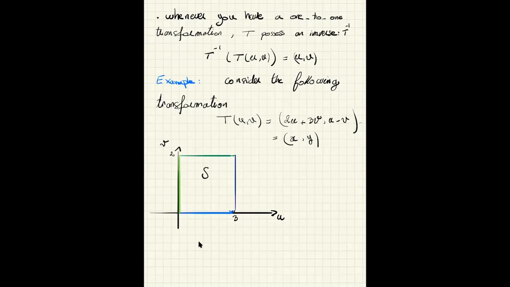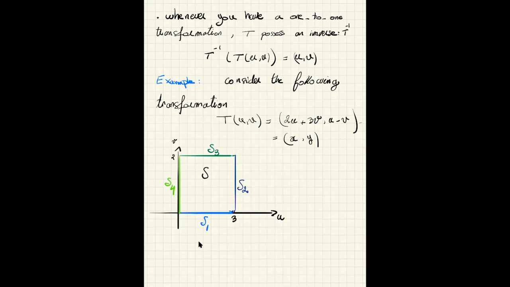We'll call this one S1, this one S2, this one S3, and this one S4. Is it 2 on the U-axis? It's 3 on the U-axis. This is 3, this is 2, and this is the V-axis, and this is the U-axis.